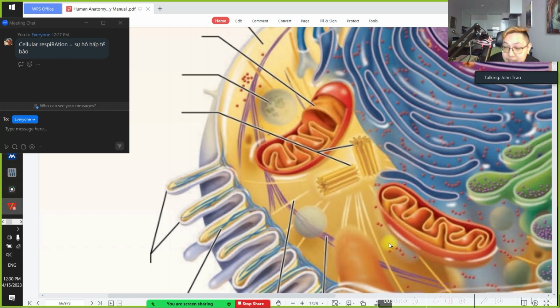There are three things inside the cytoskeleton. What are they? Có ba thứ trong cái bộ xương tế bào, đó là ba thành phần gì? Microfilaments, intermediate filaments, and microtubules. Yeah, microtubules, and what's the third one? Intermediate filament.